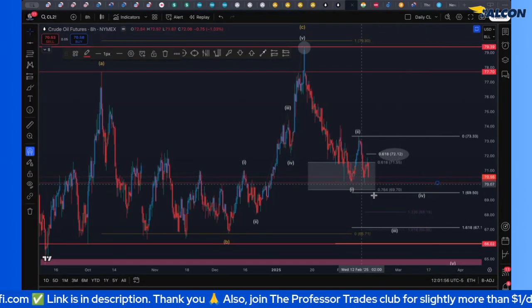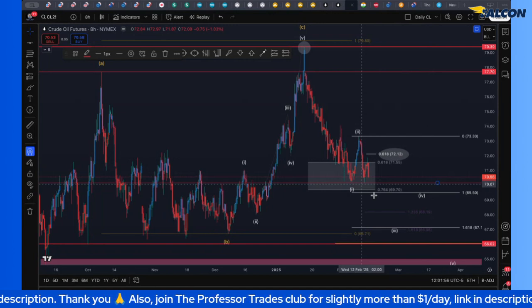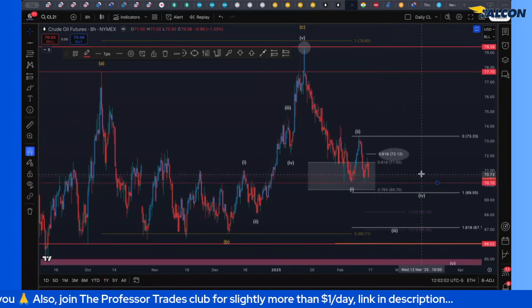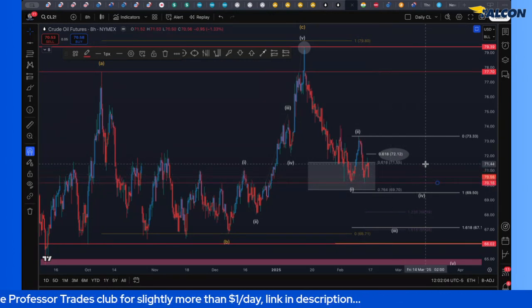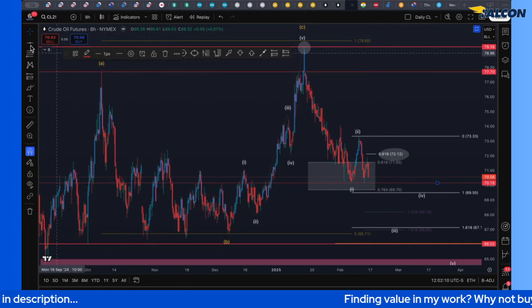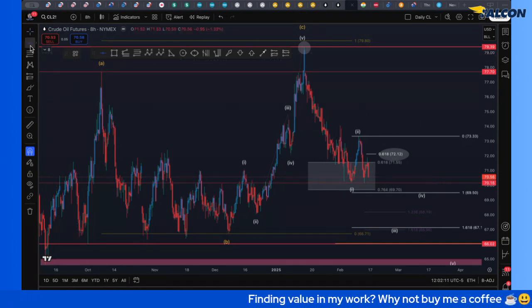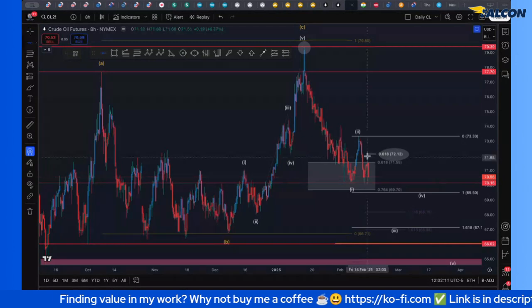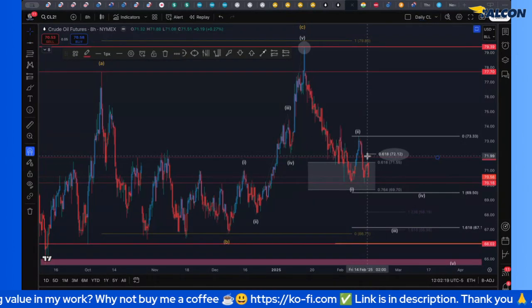In any case, 70.16 is a clear level to watch, because if that level gets broken, not to say it's not going to at some point come back up and get above that level, but it should not at any time get above this last high if this structure is going to play out as I've got it drawn up. So I'm just going to give you the floor and the ceiling. Actually, this is an 8-hour chart.